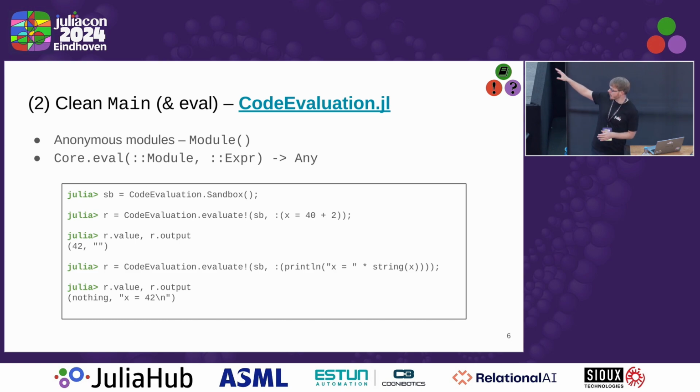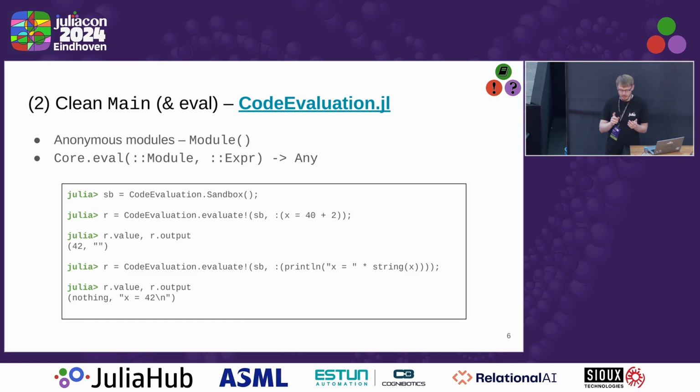The evaluate function in CodeEvaluation.jl takes care of all of these things. CodeEvaluation in general offers this interface where you can just construct a sandbox, which is a thin wrapper around this anonymous module, and you can have as many as you want, and they're all more or less independent.